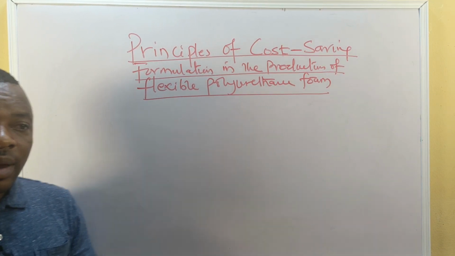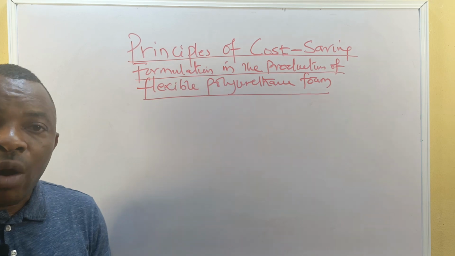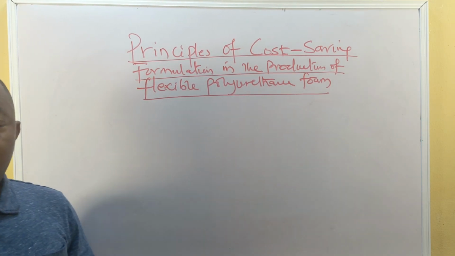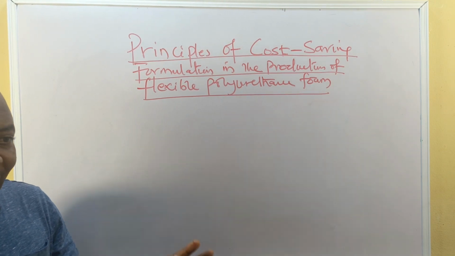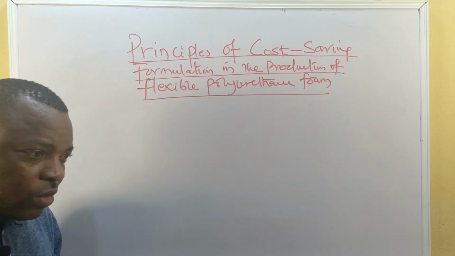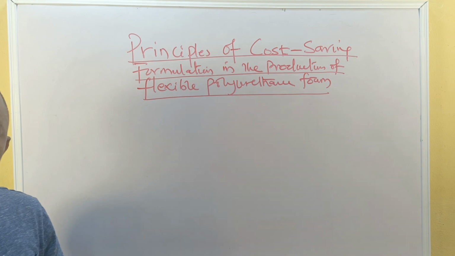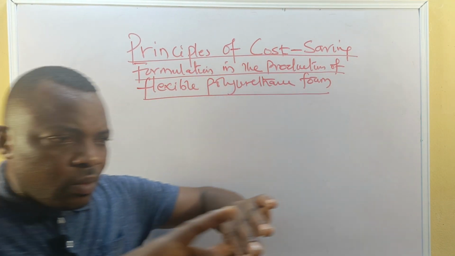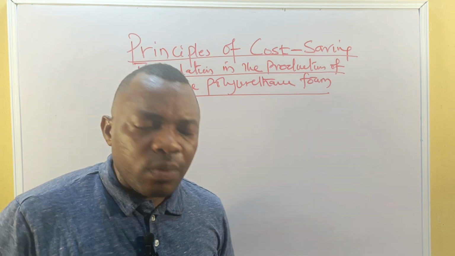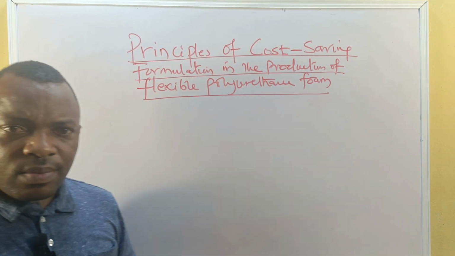Provided that there is a combination of 2 or 3 chemicals to give you that product, the fact that you're able to bring them in without affecting the end product, that is what we call formulation. A lot of us practice this.